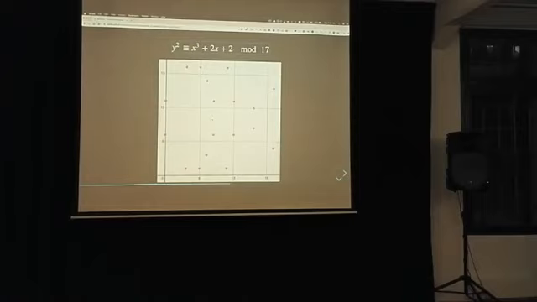So we could take any point here and keep putting it to higher and higher powers. By powers, I mean first adding it to itself, then adding the result to itself, and so on, using point multiplication, or I should say point addition, to arrive at all the points on the curve.